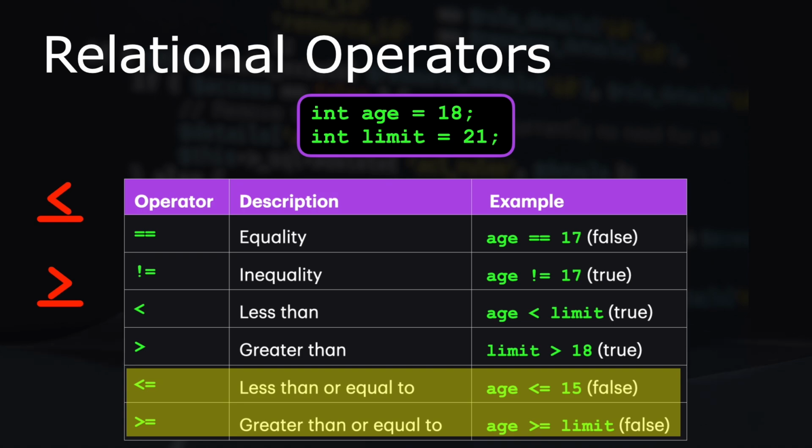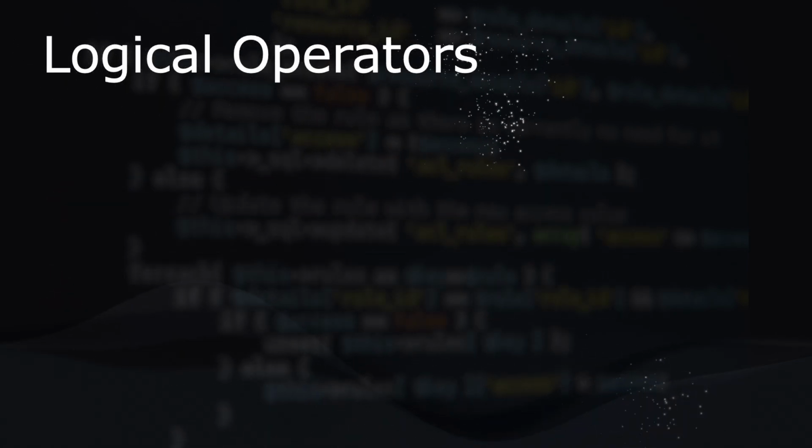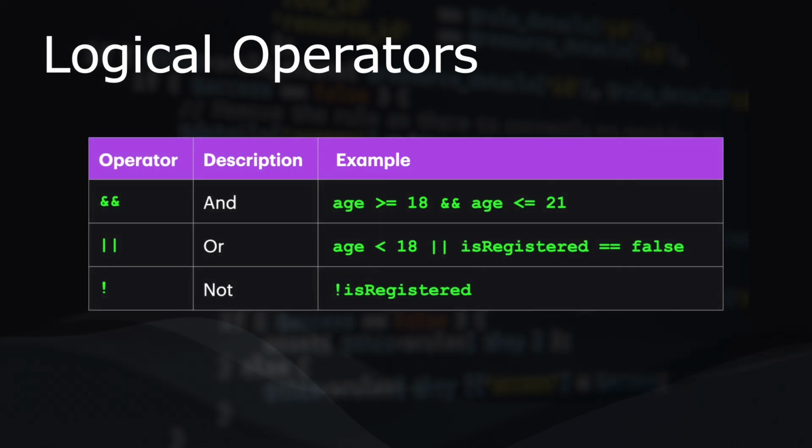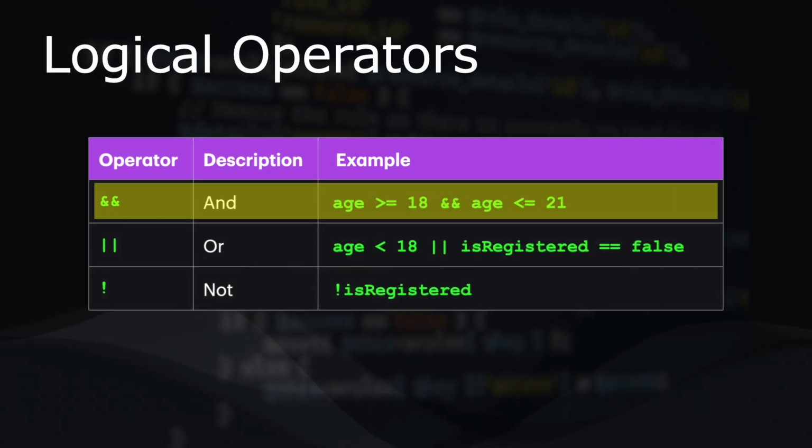There are a few more operators we use in Boolean logic, which we call logical operators. These operators allow us to combine multiple Boolean expressions into a single, more complex expression. We'll look at these closer when we start writing decision-making code, but for now, here they are. Two ampersands, or what you probably think of as two and symbols, is the logical AND operator.